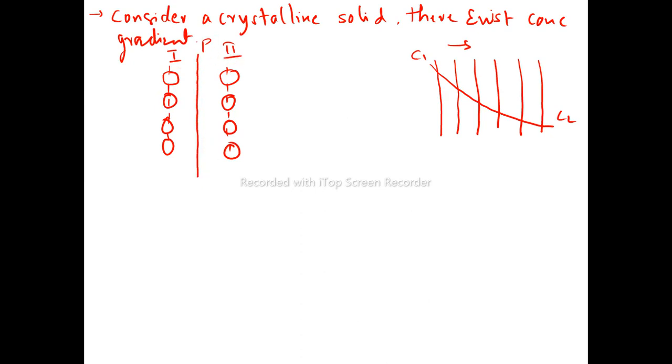I'll explain the terms. The distance between these two planes is considered as alpha. Alpha is known as the interplanar spacing.